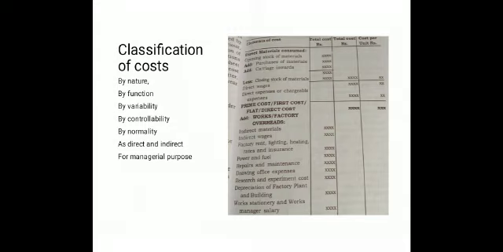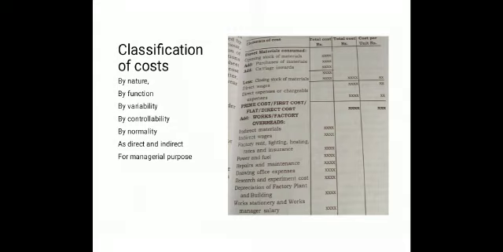So basically by nature, or what you call elements, we are going to classify. Similarly by function, by variability, by controllability, normality, direct and indirect expenses, and finally the managerial purpose. Let us discuss one by one.